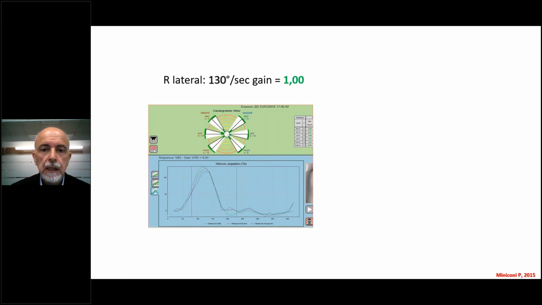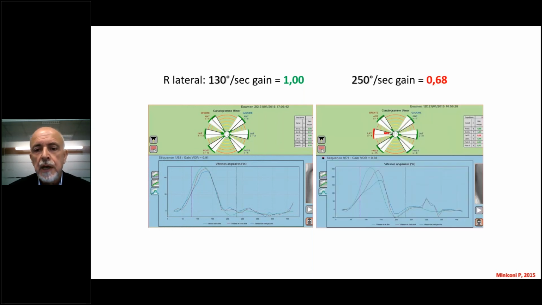But if in the same patient, for the same semicircular canal, we perform a head impulse with 250 degrees per second, the gain decreases to 0.68, and this is a pathological value.